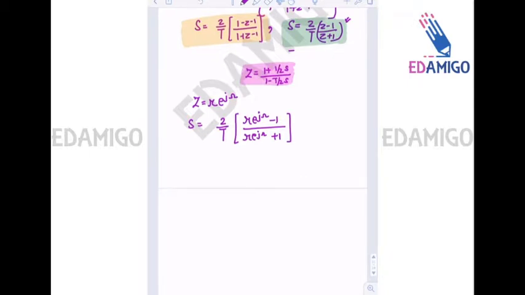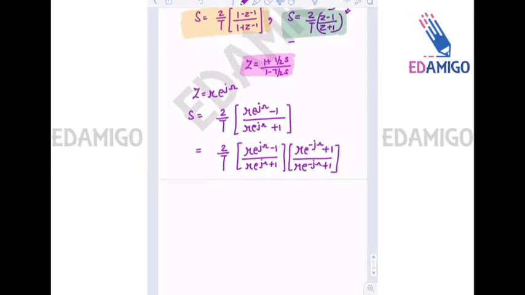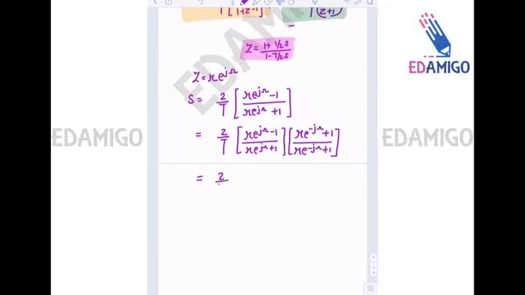Okay, now multiplying the numerator with R e to power minus j sigma plus 1 upon R e to power minus j sigma plus 1. Okay, now solving this, we will get 2 upon capital T.